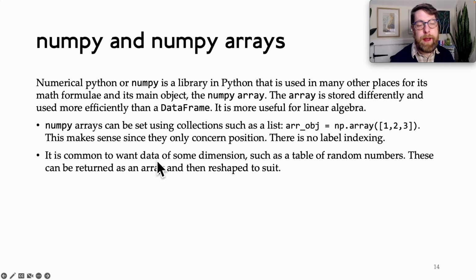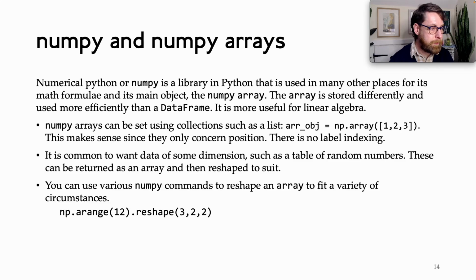So it's common to want data sometimes of some dimension. For example, a table of random numbers. You might want 5 columns of random numbers and 1,000 rows. So you can take an array range method and get it to return 5,000 random values, and then have it reshaped into a nice tabular array.